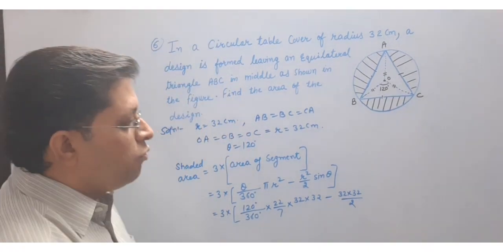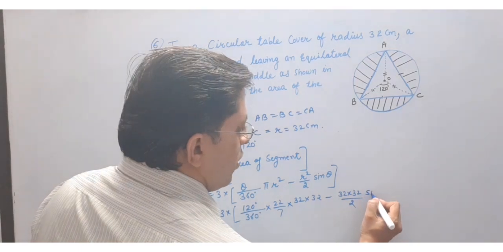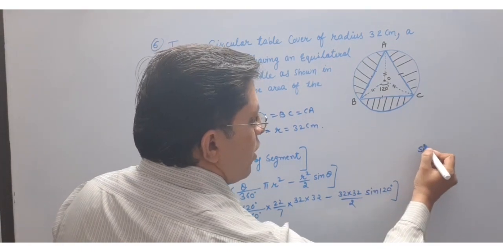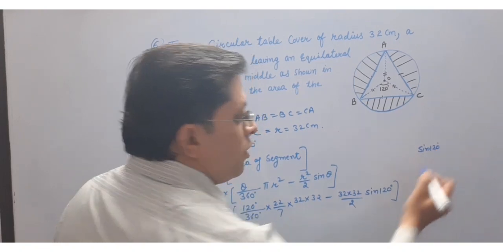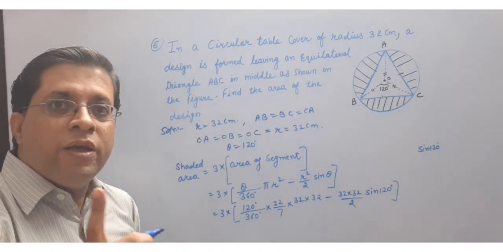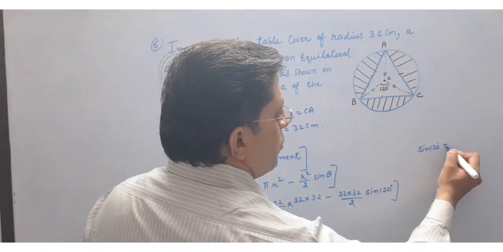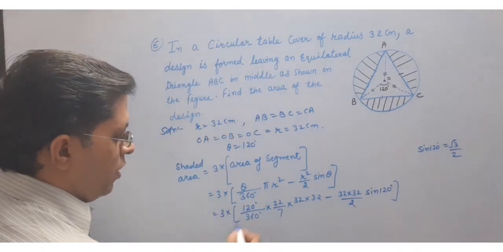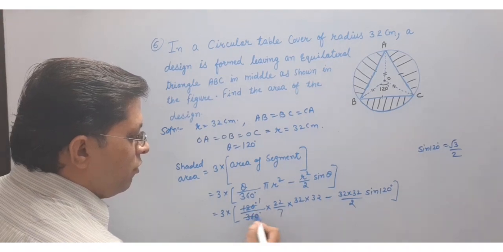Sine theta we have to find out. This is sine 120 degrees, and sine 120 degrees is equal to root 3 upon 2.